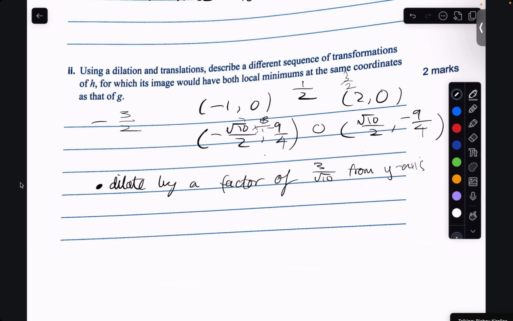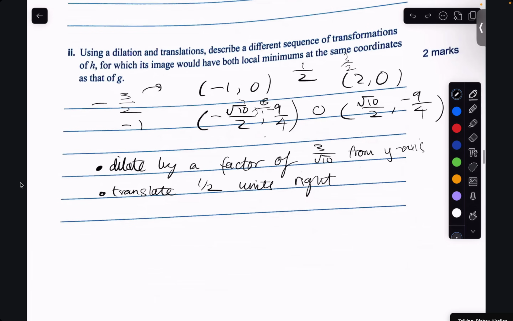And then what do I need to do? I need to add 1/2, so translate 1/2 unit right. That would mean that this goes to negative 2 over 2, which is negative 1, and this one will go to 4 over 2, which is 2, which is actually, that's good.